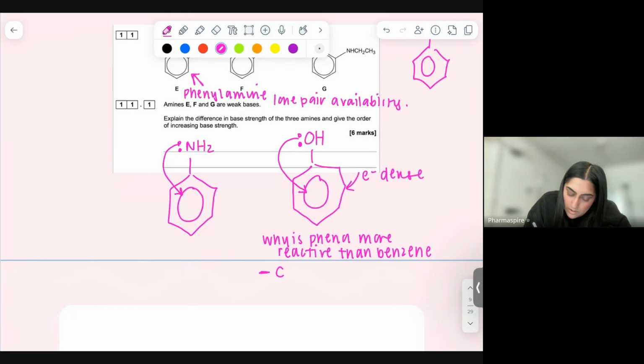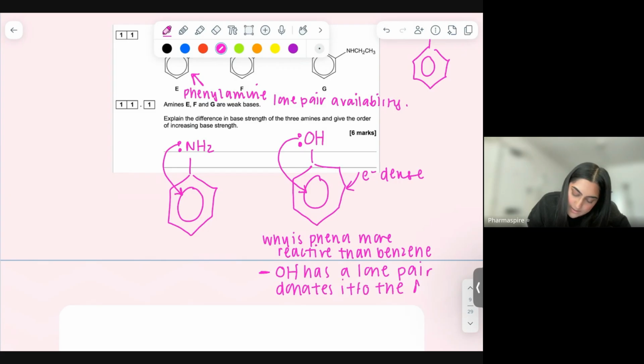So the OH has a lone pair. It donates it to the pi ring system. You can also say the lone pair becomes delocalized as well. So that will also give you a point.